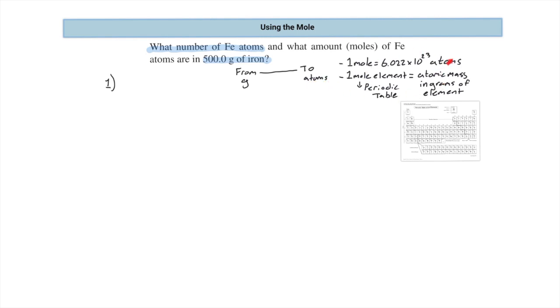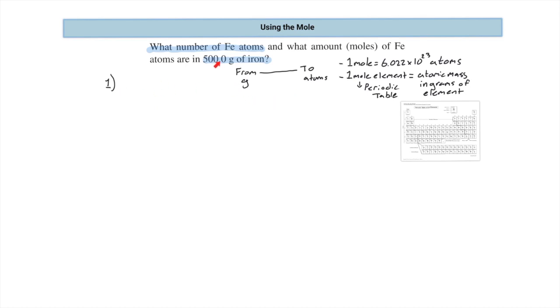Well, let's look at our conversion factors. Where's grams? Okay, grams. Well, grams goes to moles. So I don't have a conversion factor that gets me straight from grams to atoms. I would first have to go from grams to moles, and then from moles to atoms. So we could do this in a two-step conversion problem.